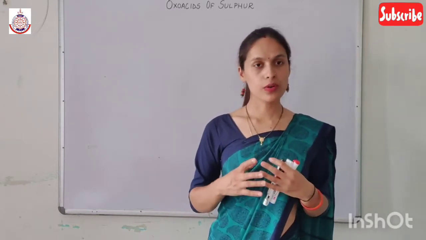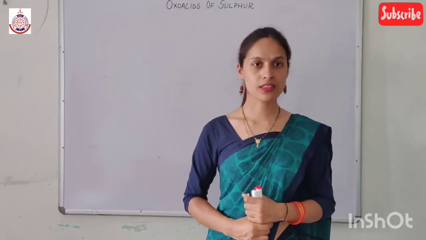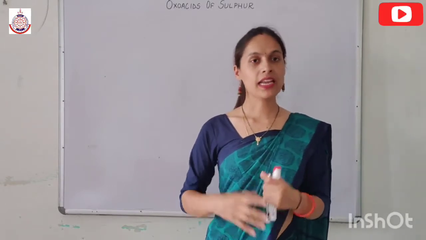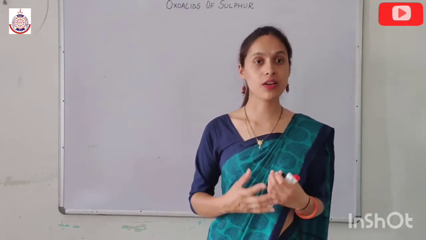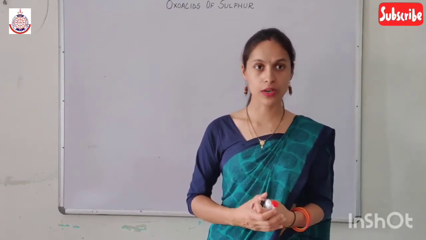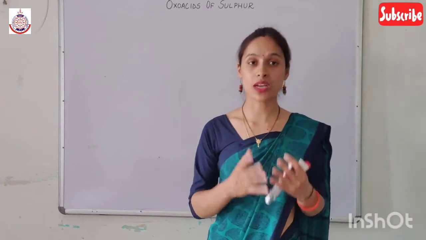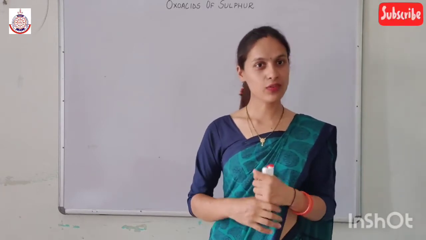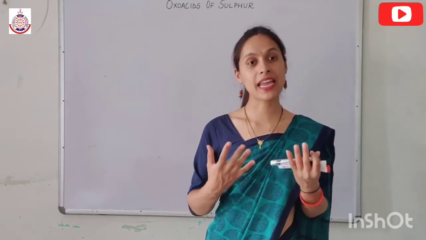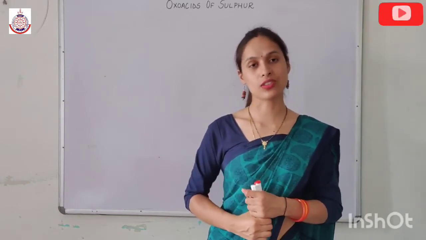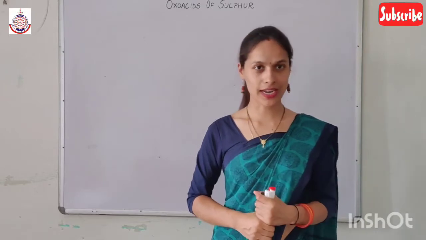So we have a number of oxoacids of sulfur, and in this video we will study how we can calculate the oxidation state of sulfur with the help of the structure of the oxoacid. For that I'll give you a trick which you can apply in any oxoacid to get the oxidation state of the central atom.